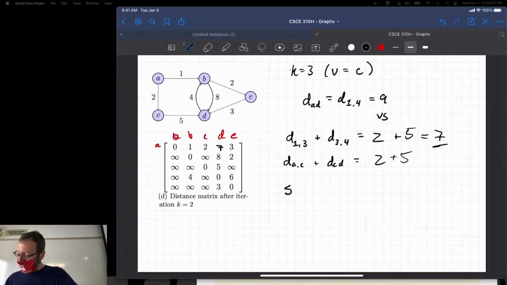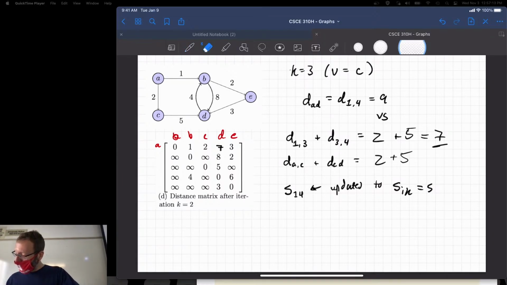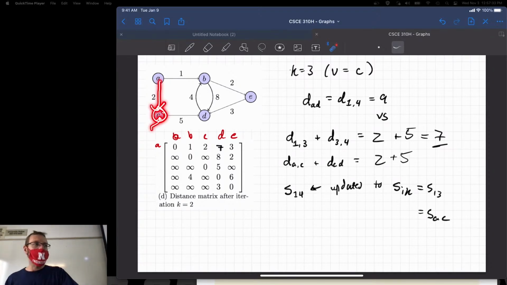So S sub 1, 4 gets updated to S sub i, k, which in this case is going to be S sub 1, 3, which is equal to S sub A, C. Now why? Because how do you get from A to D? You first go there by going to C. And how do you get to C? Well, if you start at C, you're there, you're done.